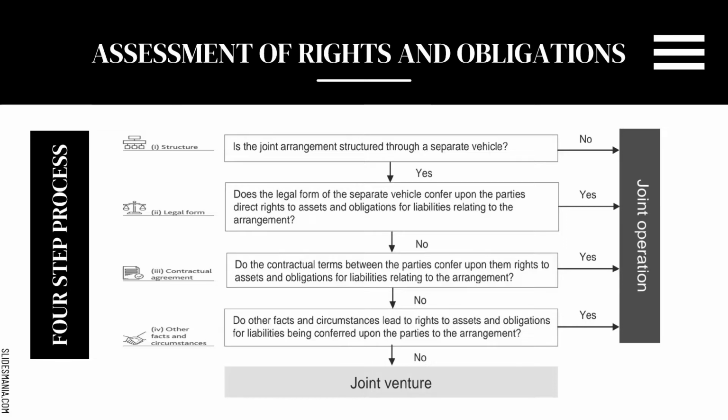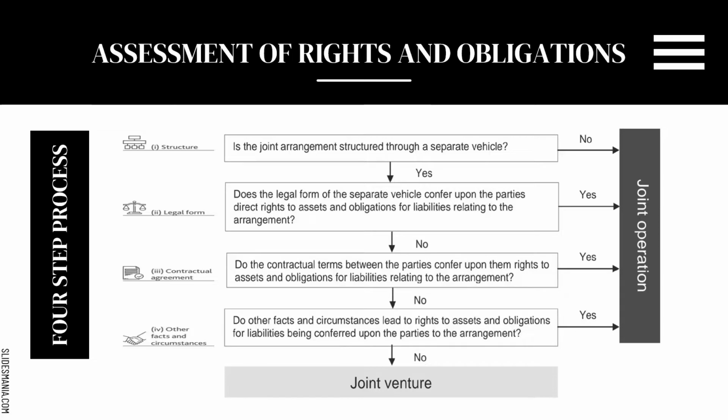So, kapag no, ito is joint operation. Pero pag yes, ito na yung sinasabi natin na either joint operation or joint venture. And may kasunod na tanong dapat. Does the legal form of the separate vehicle confer upon the parties direct rights to assets and obligations for liabilities relating to the arrangement?